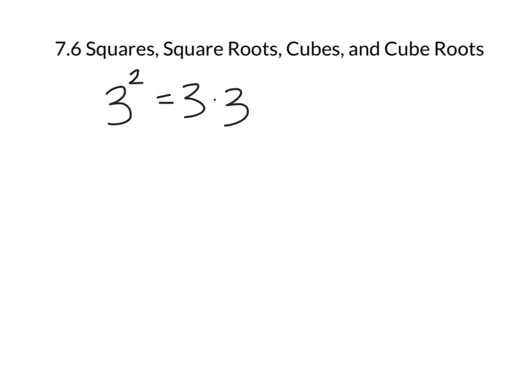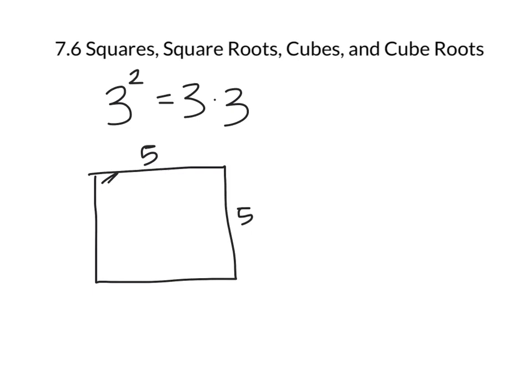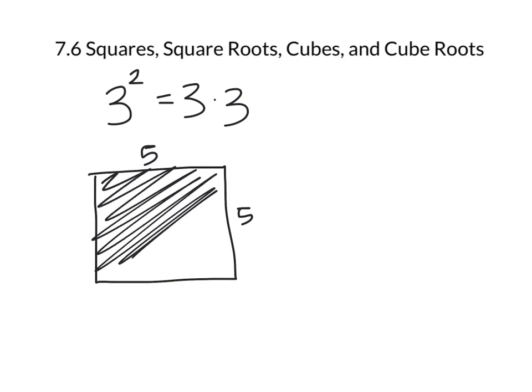They got the name square because in an actual square, if you have the measurement of one of the sides of the square, let's say that this side is equal to 5, we know that in a square all the sides are the same. And if you want to find the area of the square, how do you do that? You multiply 5 times 5 to get the area of the square.